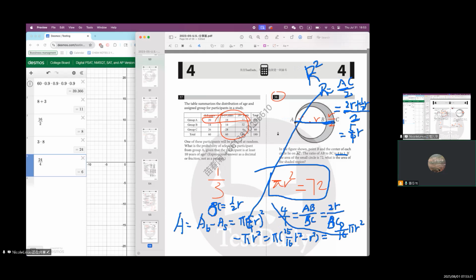I can substitute that. So substitute this one with 72. 9 over 16 times 72. And then I subtract by 72? No, because this one is already the subtraction. We did it.